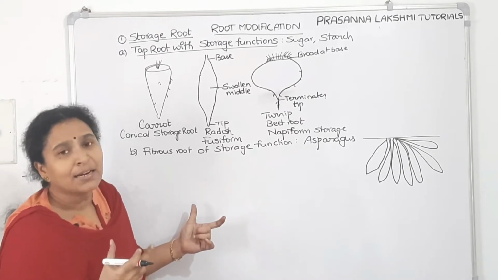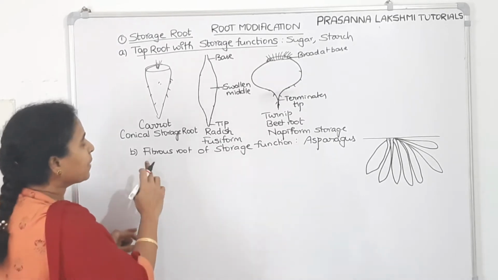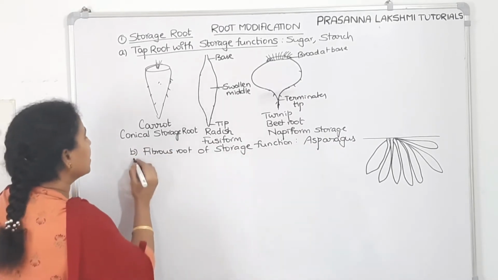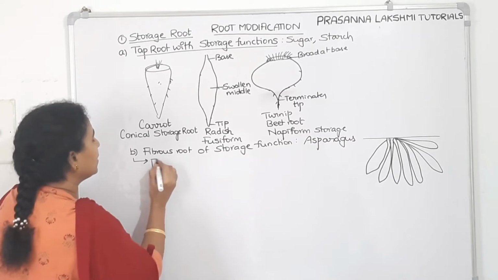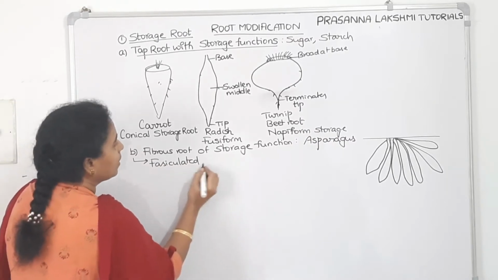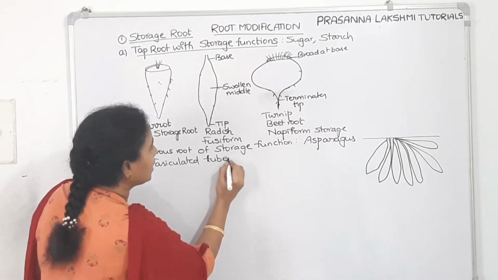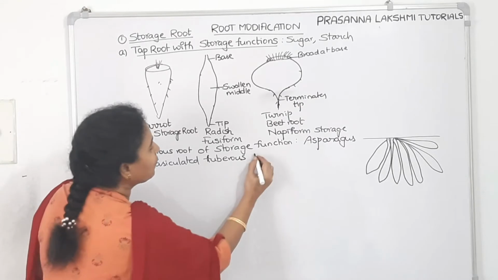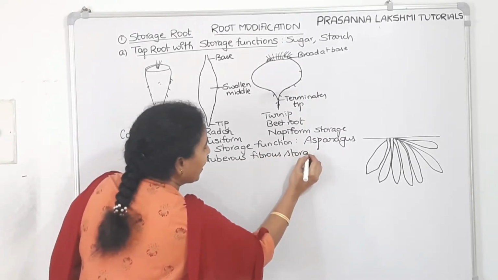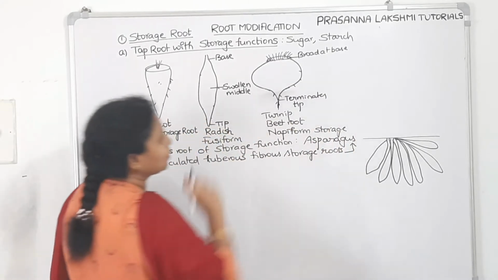So fasciculated tuberous fibrous storage roots are found in asparagus. They are irregular in shape. Where do we find them? We find them in a plant called asparagus.